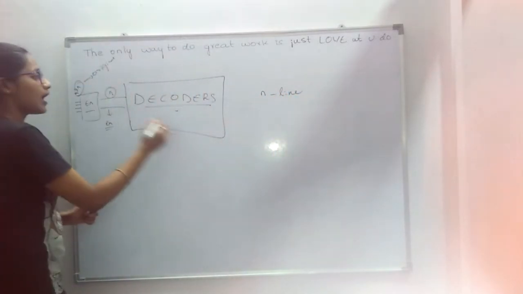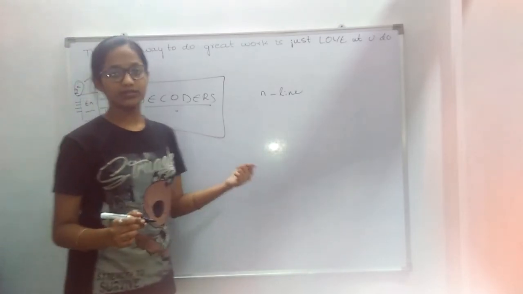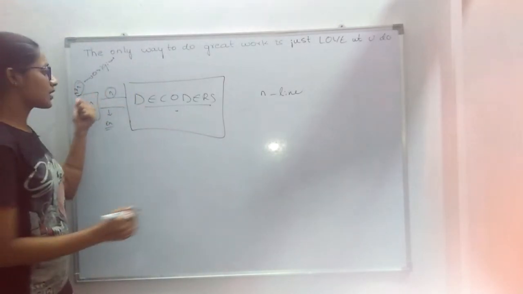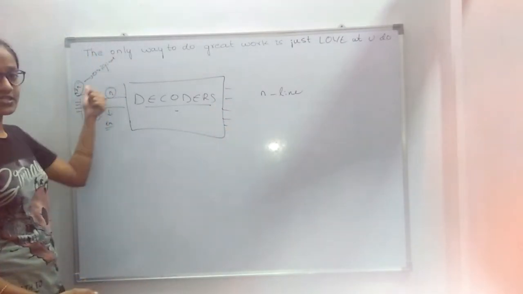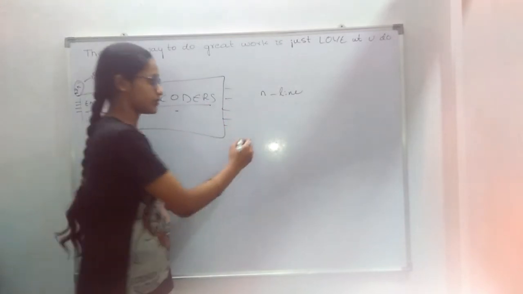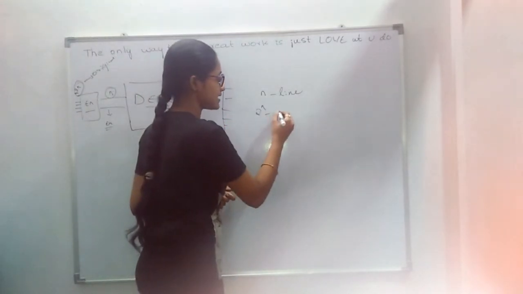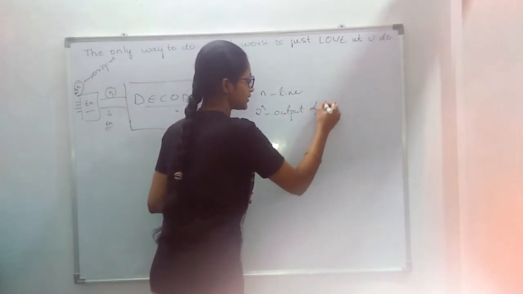Then as we are going to get the original form at the output of the decoders, that original form, which is in 2 power n, is what we are going to get at the decoder output. So 2 power n is the output of decoders.